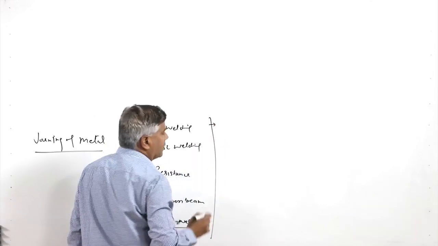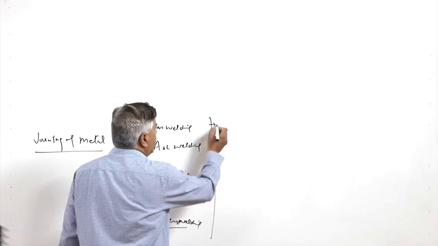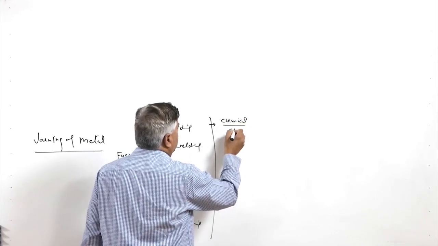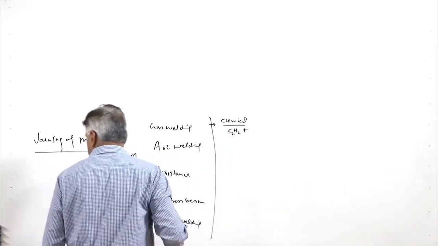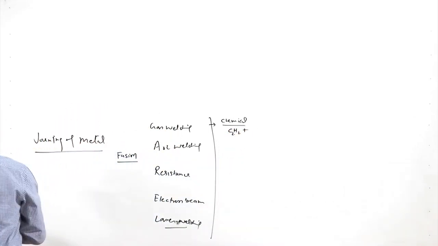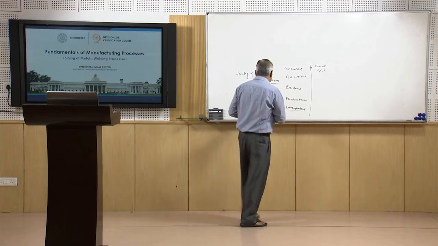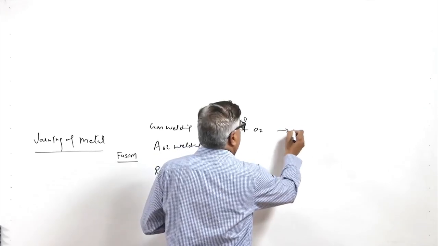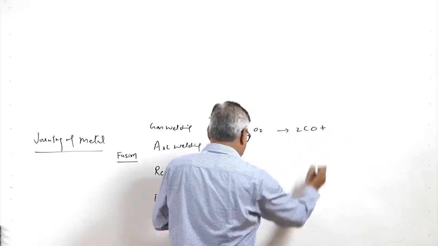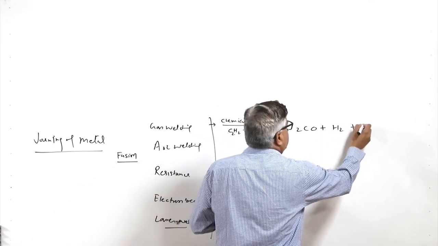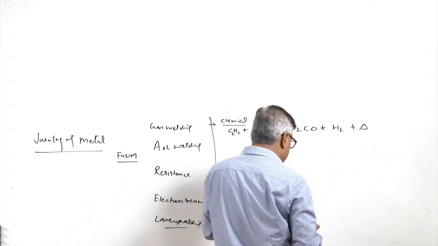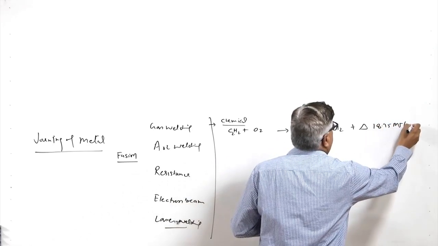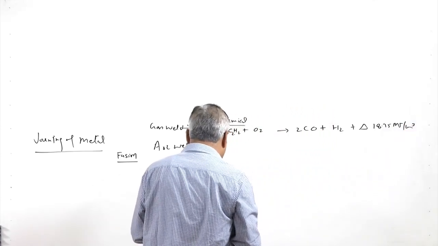For that, let us see the kind of quality that we get. This involves chemical reactions where the most common fuel gas, acetylene, is burned with oxygen, so that it produces carbon monoxide CO plus H2 plus some amount of heat, which is about 18.75 megajoule per meter cube of acetylene.